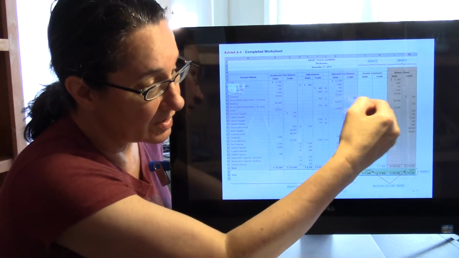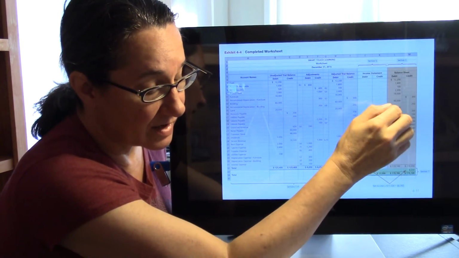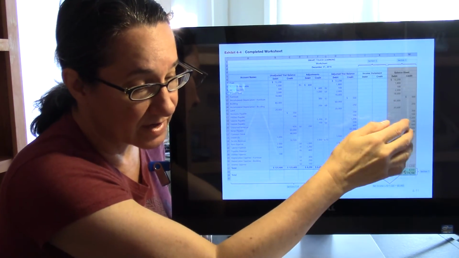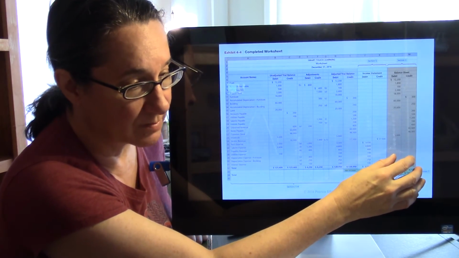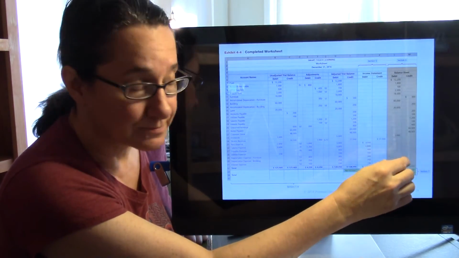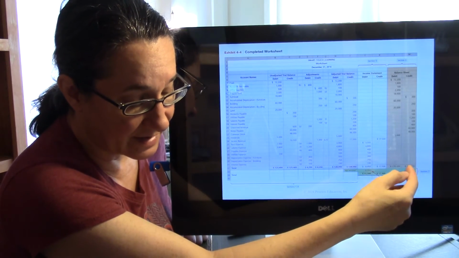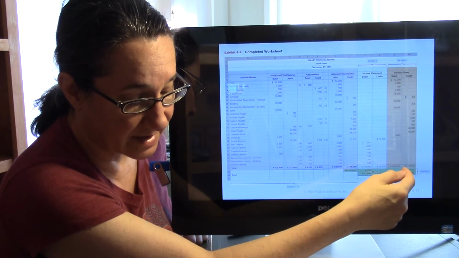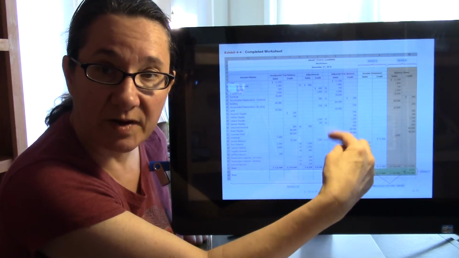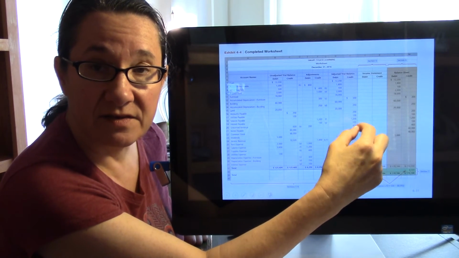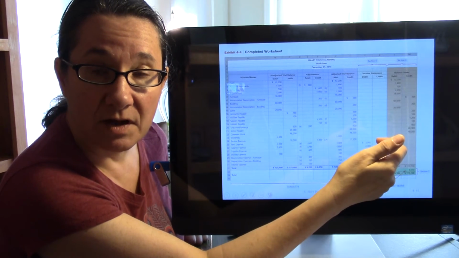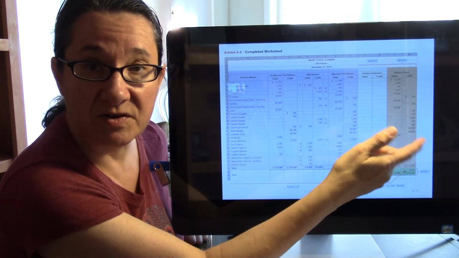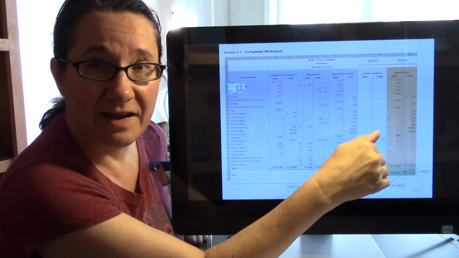So when you move all your assets over and all your liabilities and all your equities over, and you sum up your balance sheet column, they're not going to balance. But if you plug that net income on the credit side, now they should balance, because what net income is doing is increasing retained earnings, which increases equity, or a net loss is decreasing it.